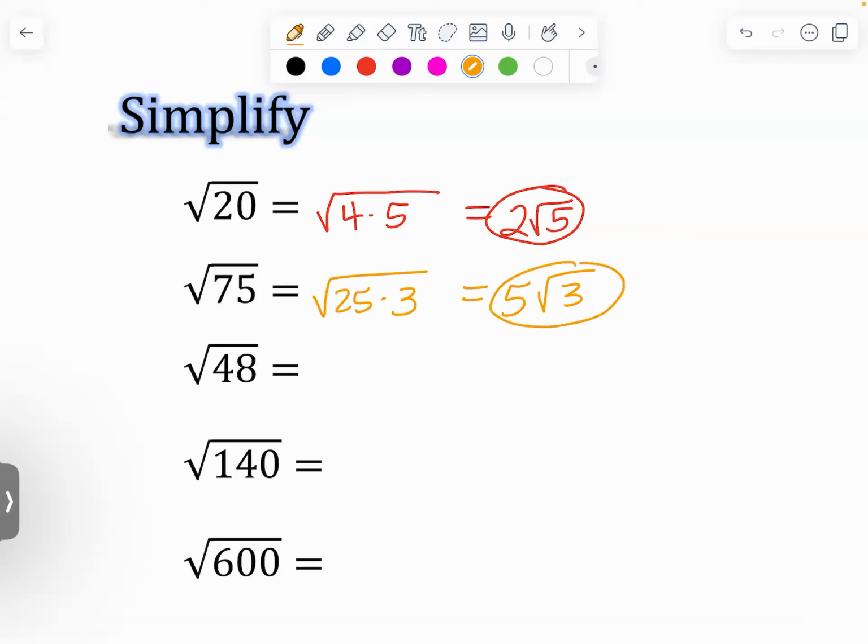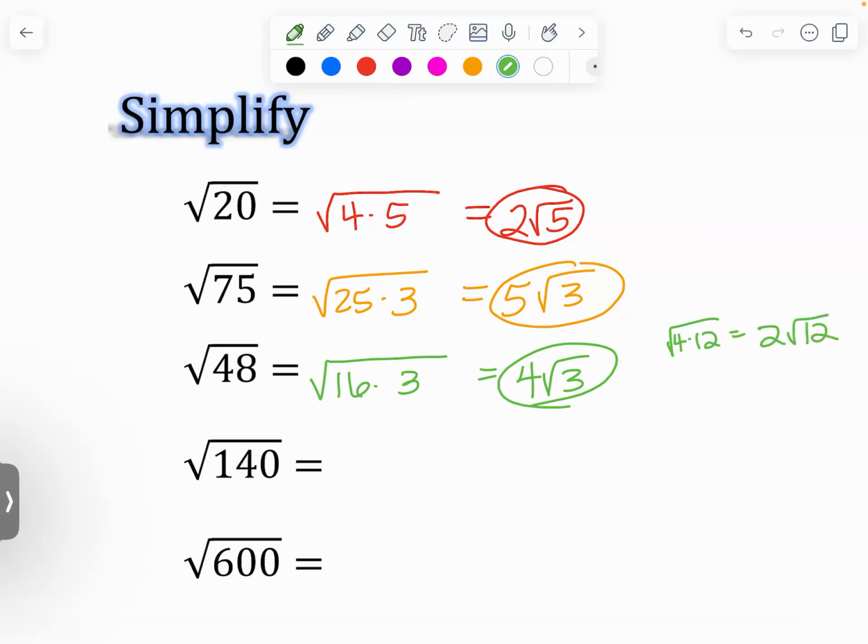Okay. Clark, what about square root of 48? So you're saying that 48 is 16 times 3? Okay, so I have a question. What if you accidentally said, all right, well, 48 is 4 times 12, so we have 2 square root 12.